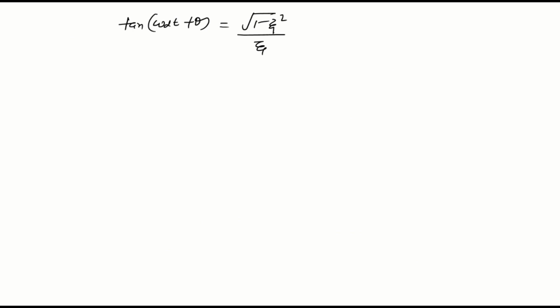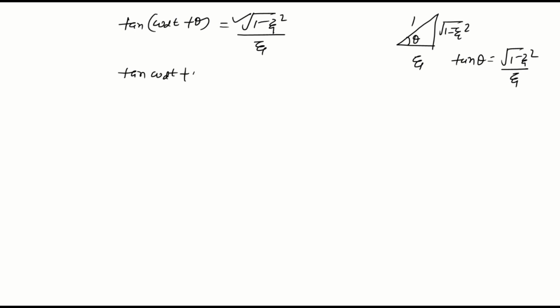If you remember, in the derivation of C(t), we assumed a right angle triangle in which this angle is theta, this side is square root of 1 minus zeta square, this is 1, and this is zeta. In this triangle, the value of tan theta was square root of 1 minus zeta square divided by zeta. So tan of omega d t plus theta equals tan theta.